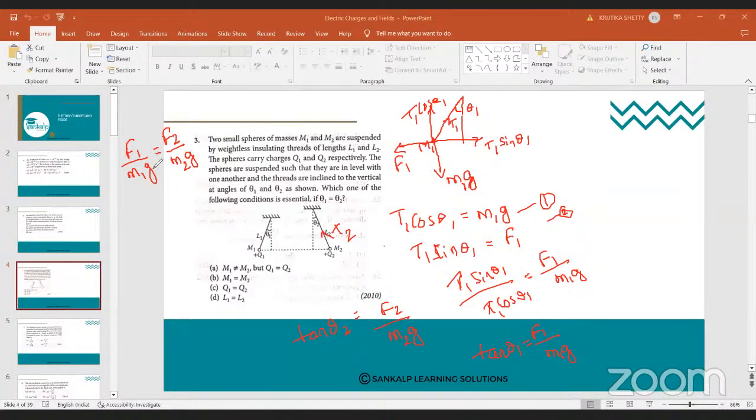Therefore G value is also equal. Therefore what we are getting here is F1 is equal to F2. Similarly M1 is equal to M2. So option B is correct here.